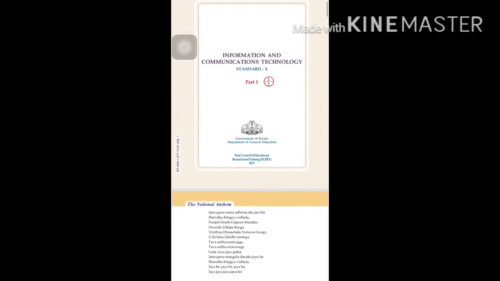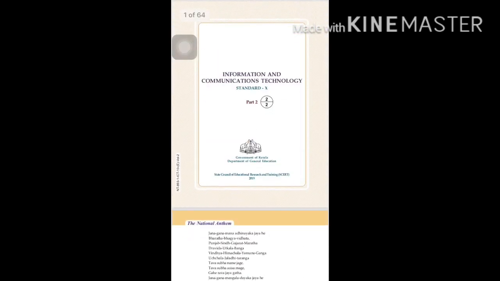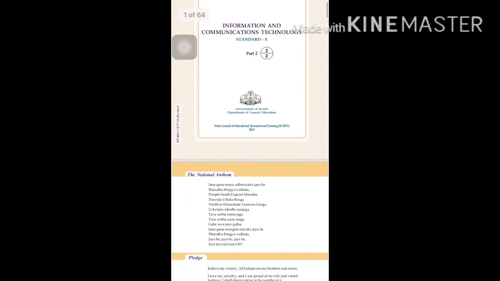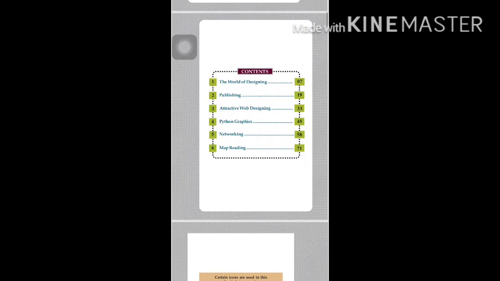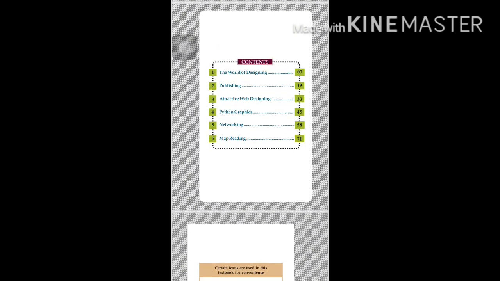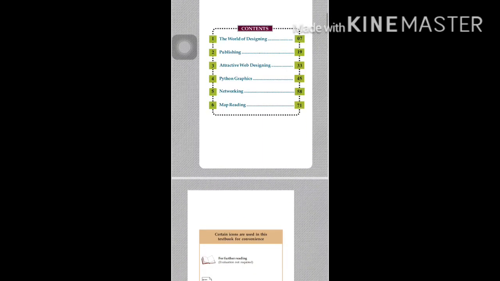Our 10th IT textbook consists of 2 parts, first part and second part. The first part has 6 chapters: the world of designing, the first chapter, then publishing, attractive web designing, Python graphics, networking and map reading.